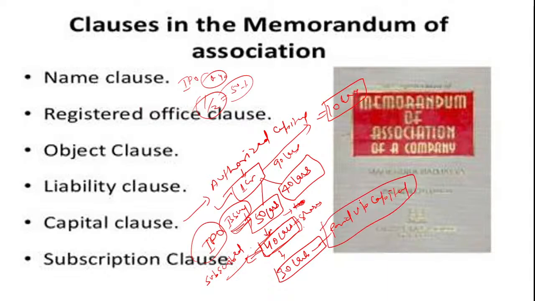Paid up capital means the actual money that the company is going to receive from the shareholder. So the paid up capital is the actual capital which becomes part of the net worth, that 30 lakh rupees. So if you see an authorized capital of 1 crore, don't get confused that the company has infused 1 crore rupees into the business. If you see an issued capital of 50 lakh rupees, don't get confused that the company has an actual net worth of 50 lakh rupees.